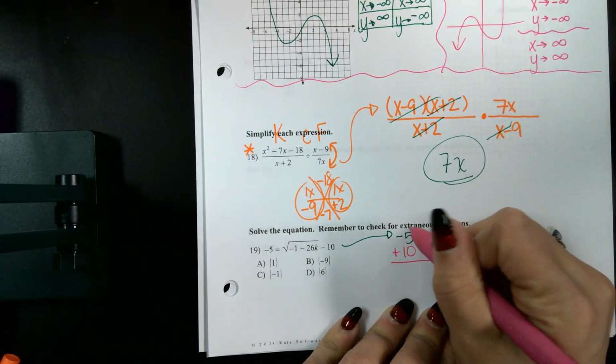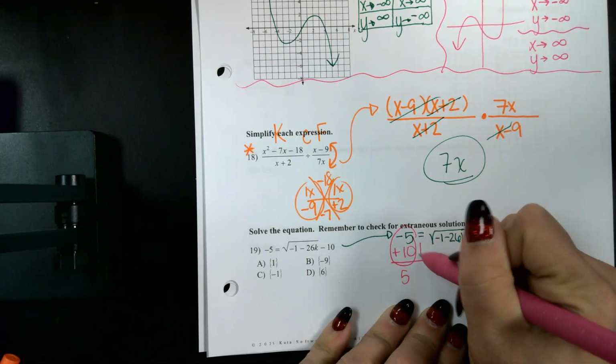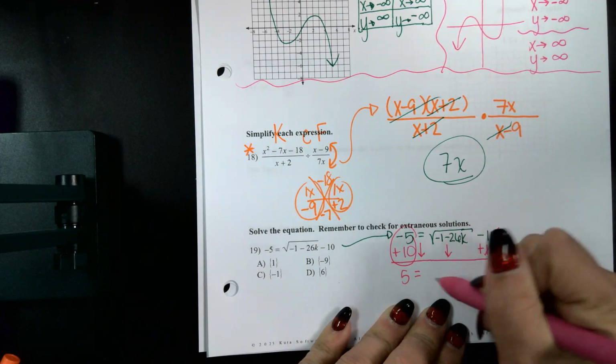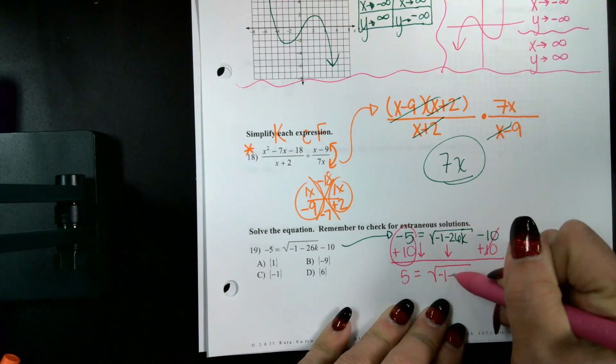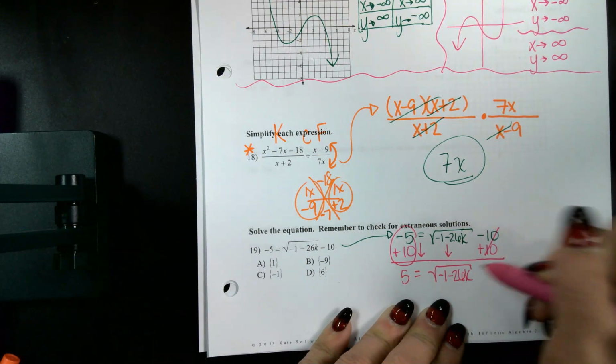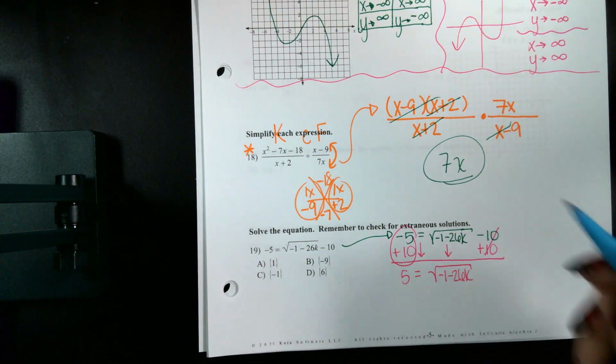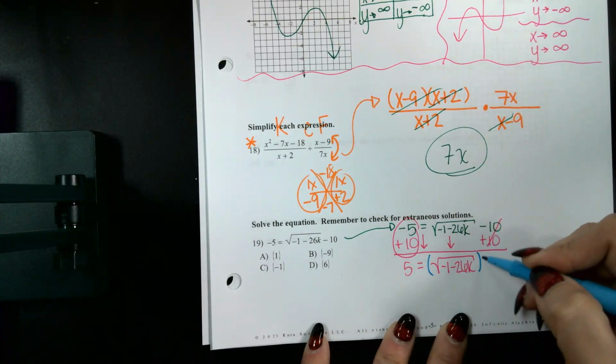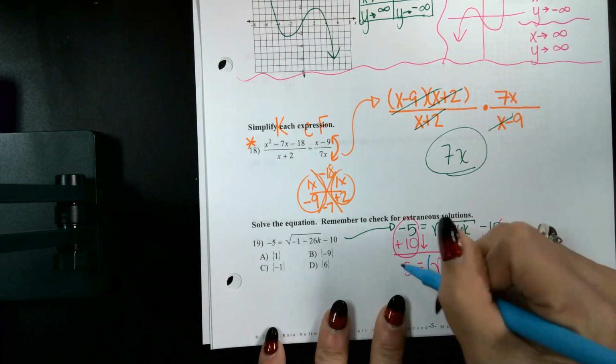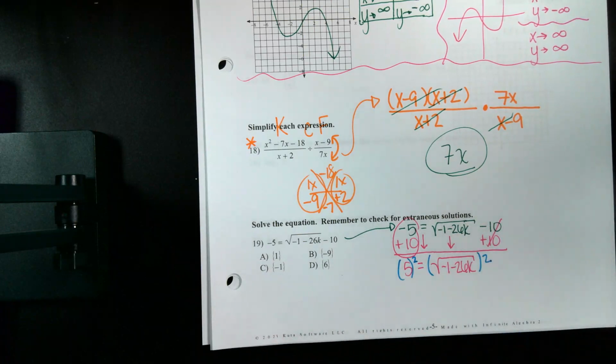So negative 5 plus 10 is 5. Equals, and then we bring down this radical expression. And then to undo a square root, we raise it to the second, and if you do that on the right, you have to do that on the left.